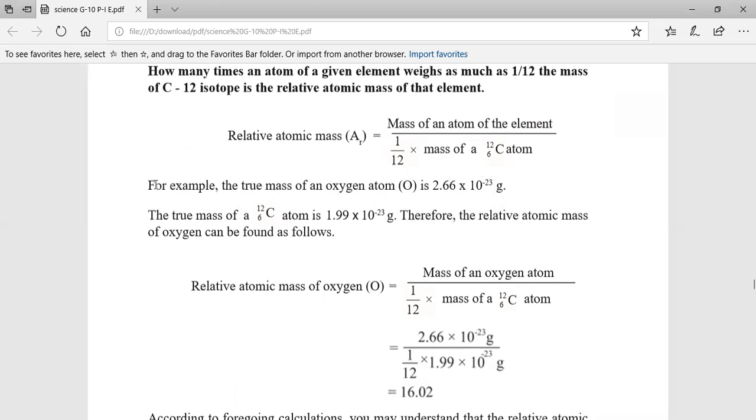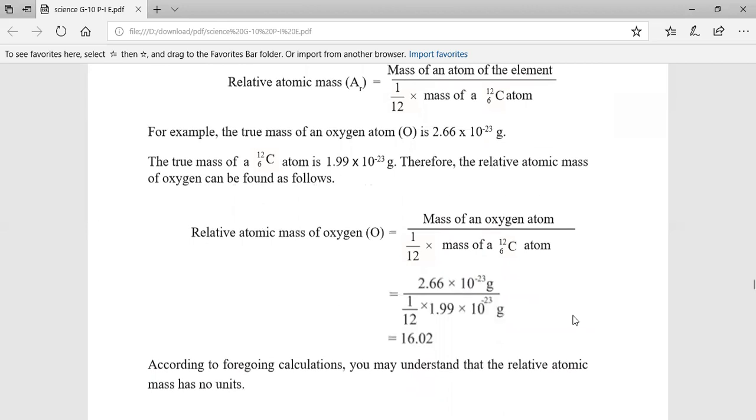Then we want to measure the relative atomic mass, relative to the carbon-12 isotope. Here, mass of an oxygen atom.